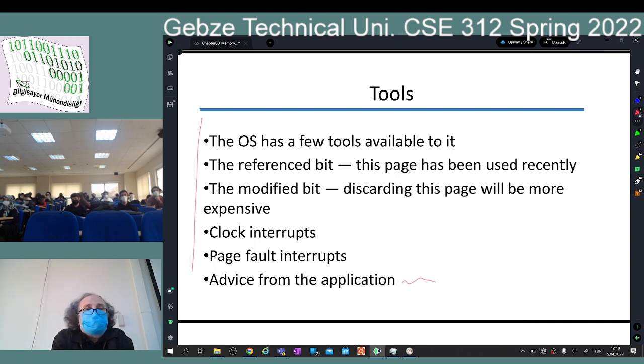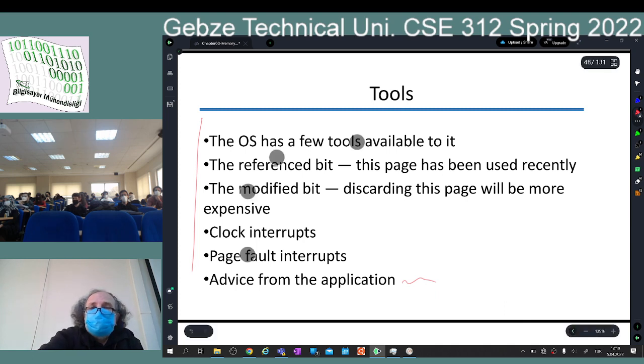Nobody can, for example, fake us saying that this page is modified even though it is not modified, because the page table is in the kernel space. To modify the page table, you need privileged instructions. To do anything about the memory management unit, you need privileged instructions. Okay, so I can trust any of them, no problems, but this one I need to be careful about because it comes from the application.